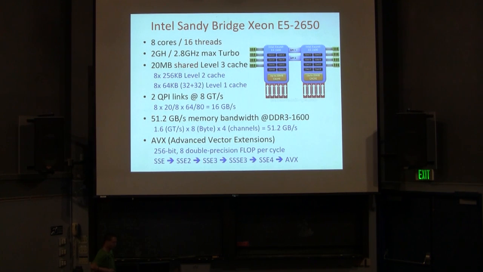Which means on any single clock cycle, you can do A plus B times C in one single go. So in one single clock cycle, you actually do a multiplication and an addition. So that's why you can do 8 double precision per cycle.